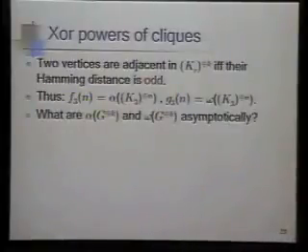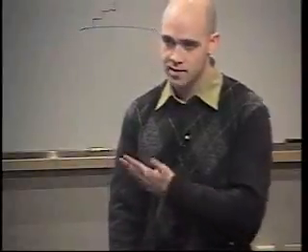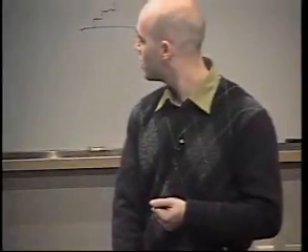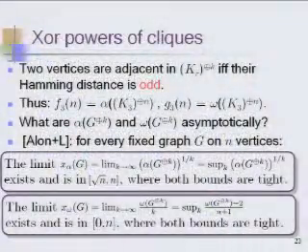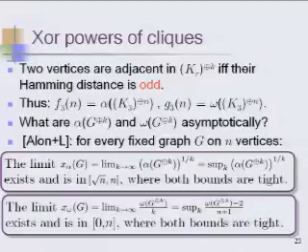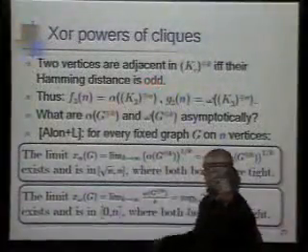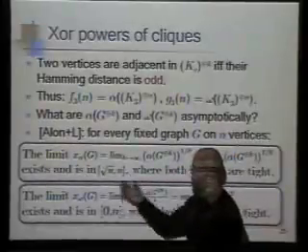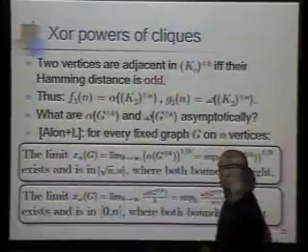And we wondered how these things behave asymptotically for any graph, and in particular for the complete graph. I just want to show that these limits both exist and are bounded by these nice parameters, by n, namely.